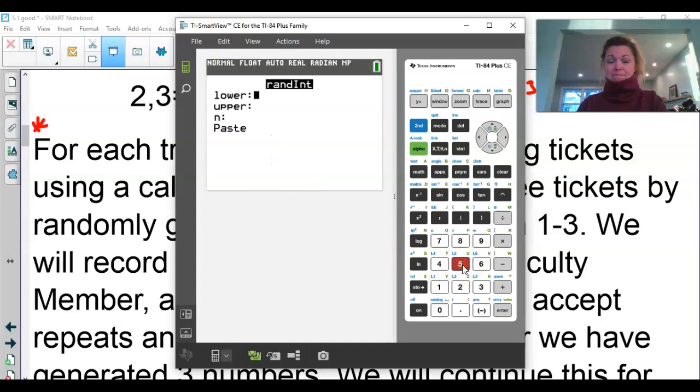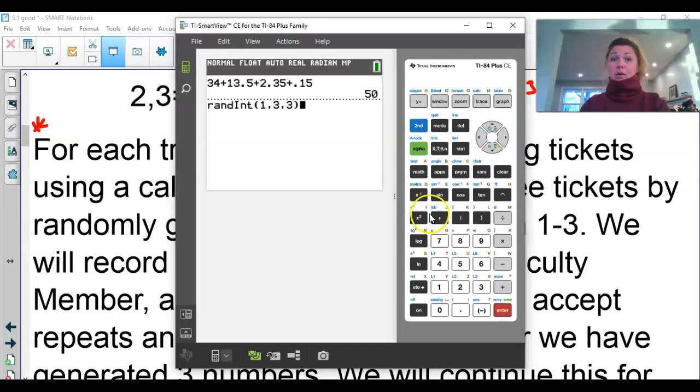That's for mine. You may have an old calculator, and I'll talk about what you need to do then. I want to enter my lower bound and upper bound, so my minimum number and my maximum number. That's 1 and then 3. And how many numbers do I want to generate? I want to generate 3 tickets, and repeats don't matter. Then I hit enter and paste.